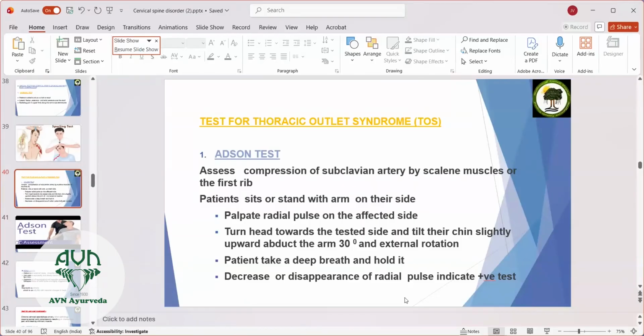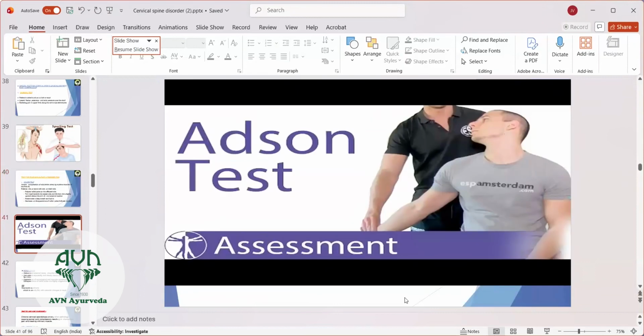If it is not affected, we can feel the radial pulse well. Then ask the patient to turn the head towards the affected side and gently abduct the arm to 30 degrees and do the external rotation. Ask the patient to take a deep breath and hold it. A decrease or disappearance of the radial pulse indicates a positive test. That is what is called the Adson test.